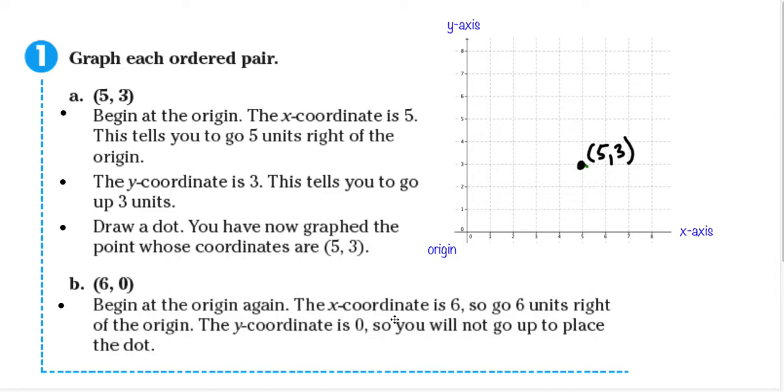The x-coordinate is 6, so go 6 units to the right of the origin. 1, 2, 3, 4, 5, 6. And then the y-coordinate is 0, so you will not go up to place the dot. Your coordinate would be here, and that would be 6, 0.